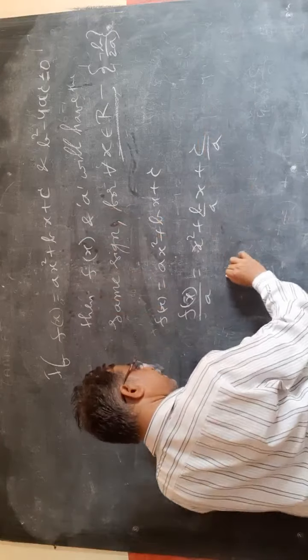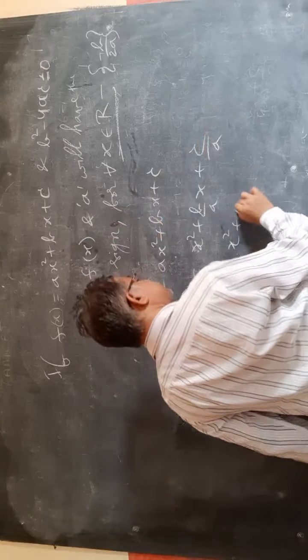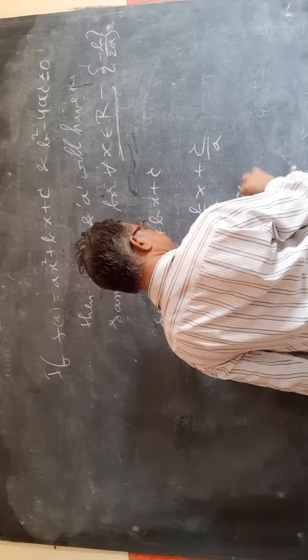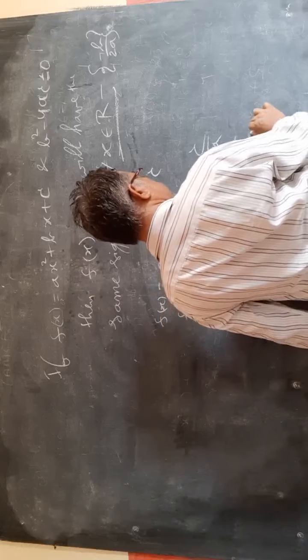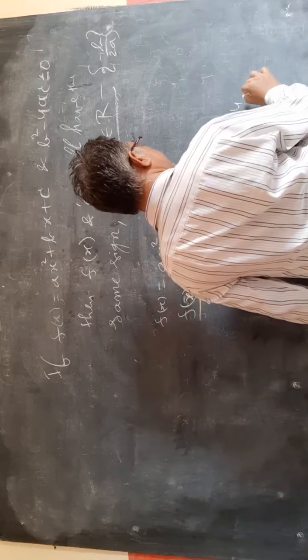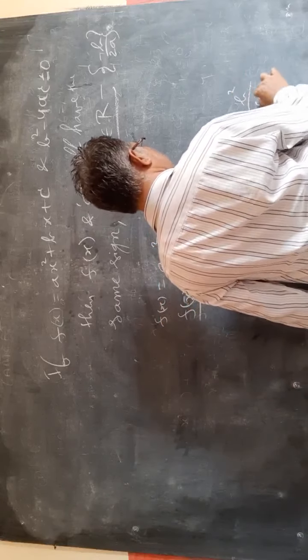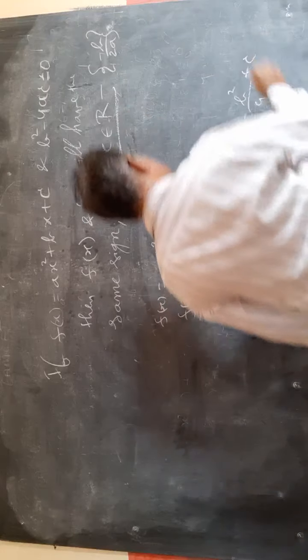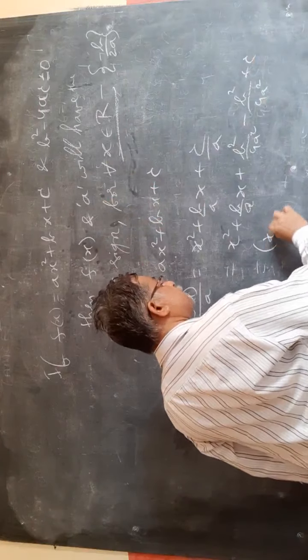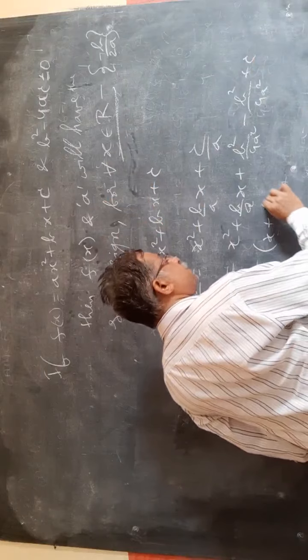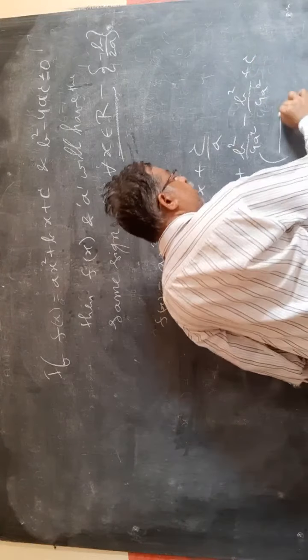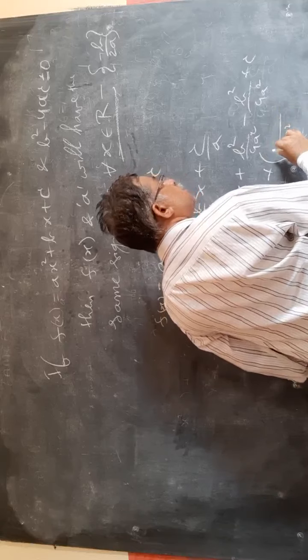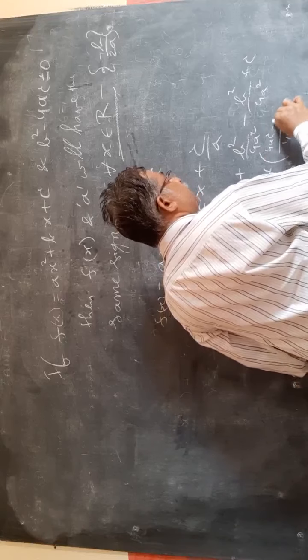Now completing the square, x square plus b by a x plus b square by 4a square minus b square by 4a square. So I will get the same result as the previous one: x plus b by 2a whole square plus, with 4a square as LCM, 4ac minus b square.